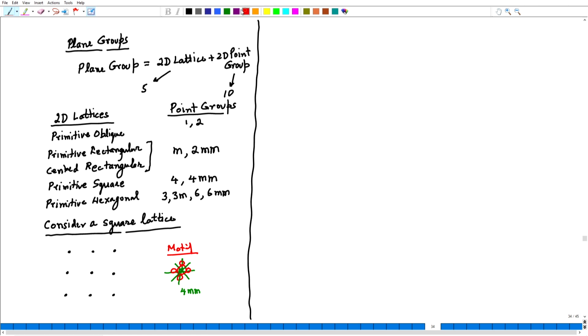So, let me put this motif now at every lattice point by putting the larger atom center coinciding with the lattice point.